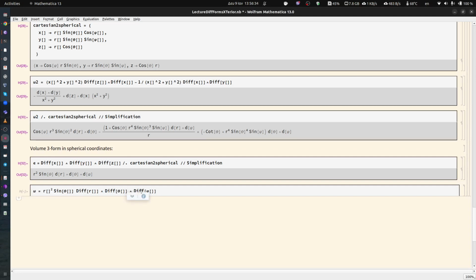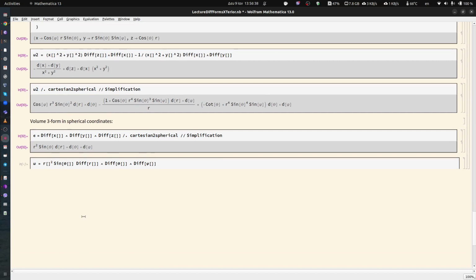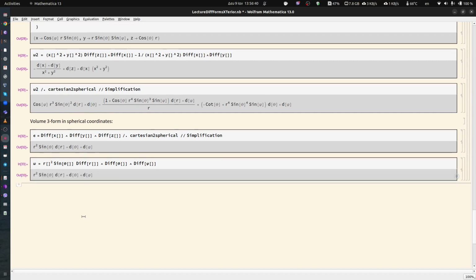Here we define a 3-form omega, which is equal to epsilon, and let's see how to integrate this form. To integrate this form, we know how integration is performed for n-forms in an n-dimensional manifold, in our case n is equal to 3.